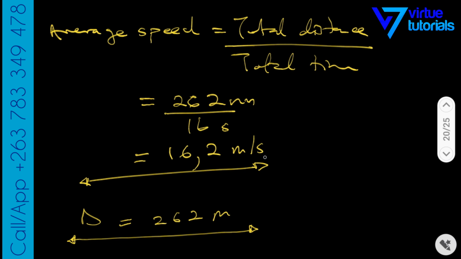That's going to be our average speed for the whole journey. So we found our distance, and then we found our average speed for the whole journey. So you can easily do that in the exam.